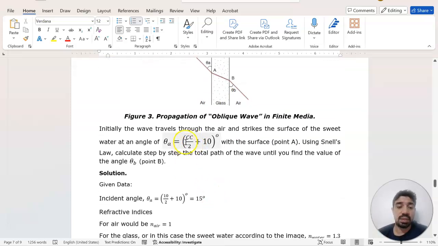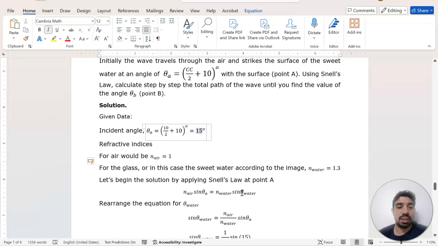It says that the angle alpha, the angle A, is the last two numbers of my ID divided by 2 plus 10, which in this case will be 15 degrees. For the air, the refractive index is just 1, and for the glass or the sweet water it will be 1.3.